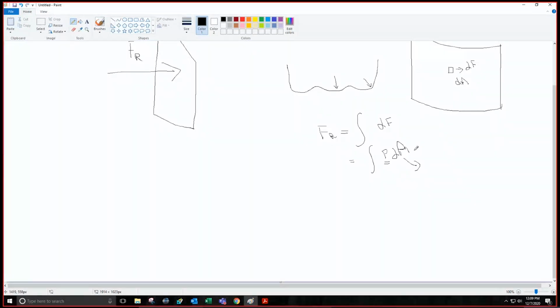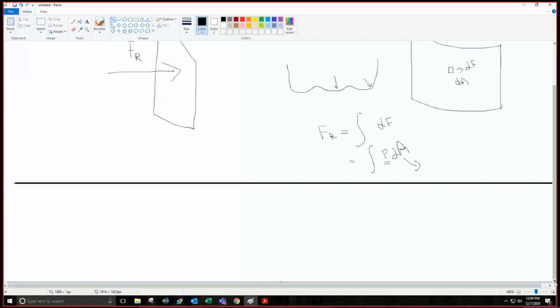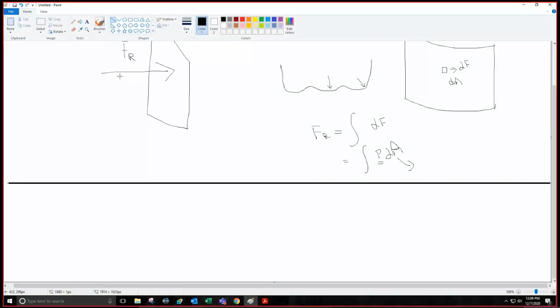So instead of doing this, we simplify our problem. What we do is we consider the curved surface as a planar surface, or its projections as planar projections. Let's say we have a curved surface like this, and we are interested in calculating the resultant force, or the hydrostatic force Fr, on this surface. We try to understand it with a simple example.